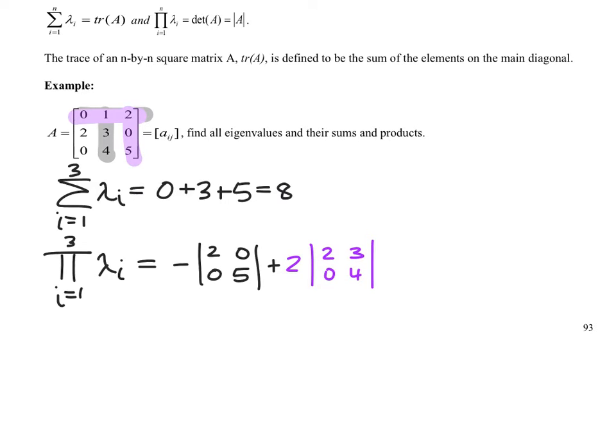Like you're starting to do the pros and cons, and before you know it, you've already done it by hand. So negative, we got 10, plus 2 times 8. So we're talking about a total of 6.